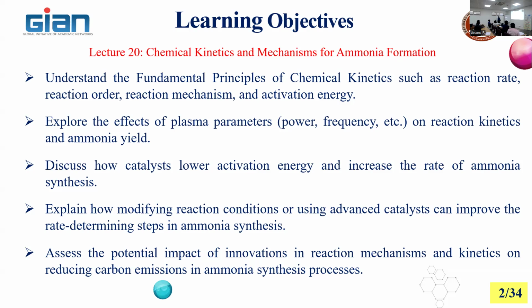Discuss how catalysts lower activation energy and increase the rate of ammonia synthesis. Explain how modifying reaction conditions or using advanced catalysts can improve the rate determining steps in ammonia synthesis. Assess the potential impacts of innovations in reaction mechanisms and kinetics on reducing carbon emissions in the ammonia synthesis process.